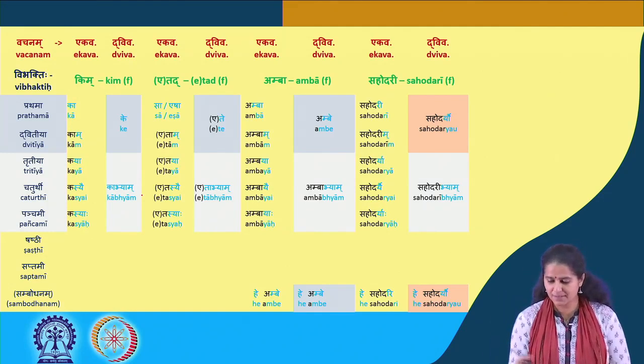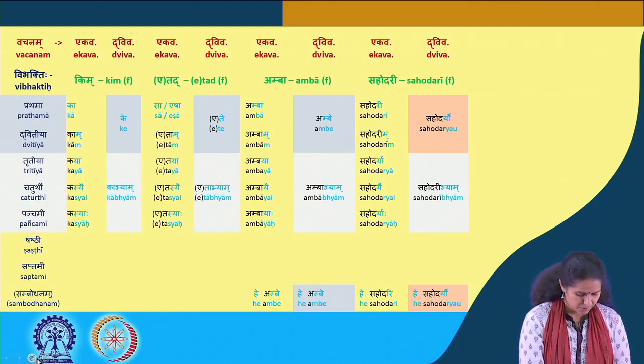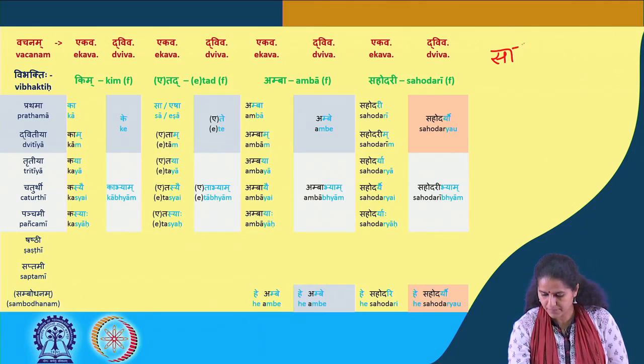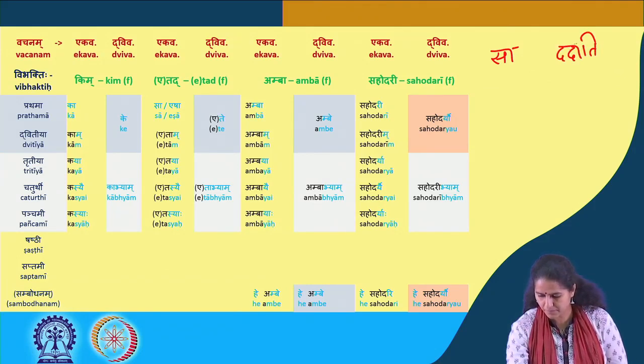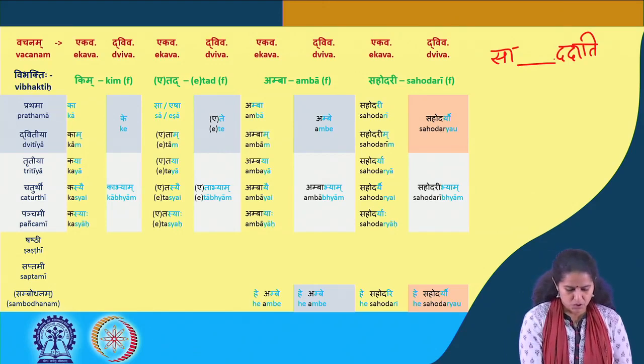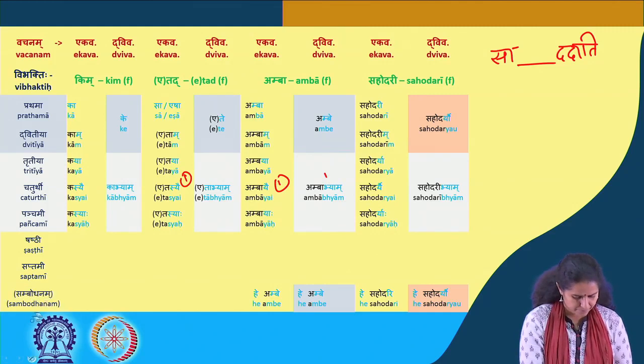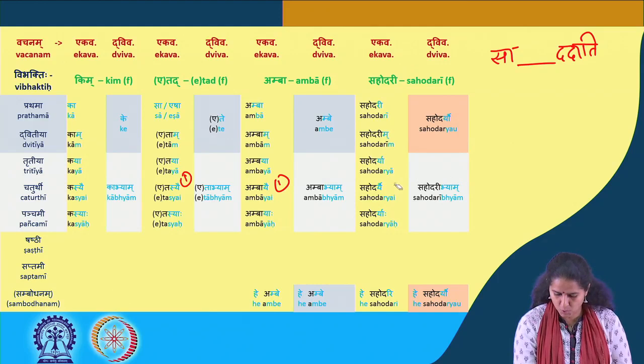So the verb being, sa dadati, to whom? Tasyai ambayai, and tasyai sahodaryai.